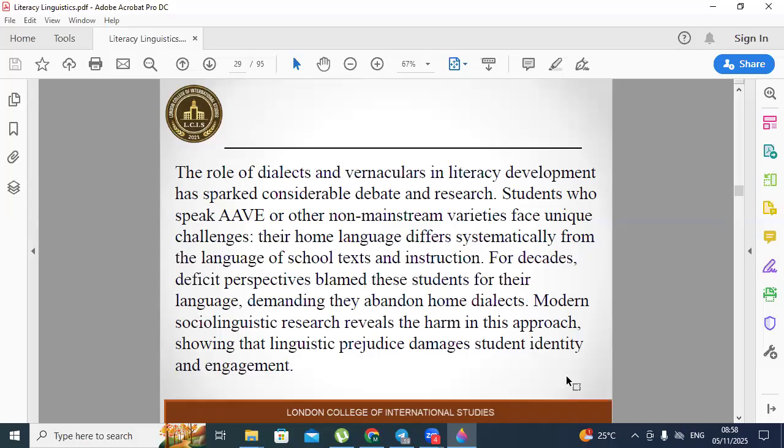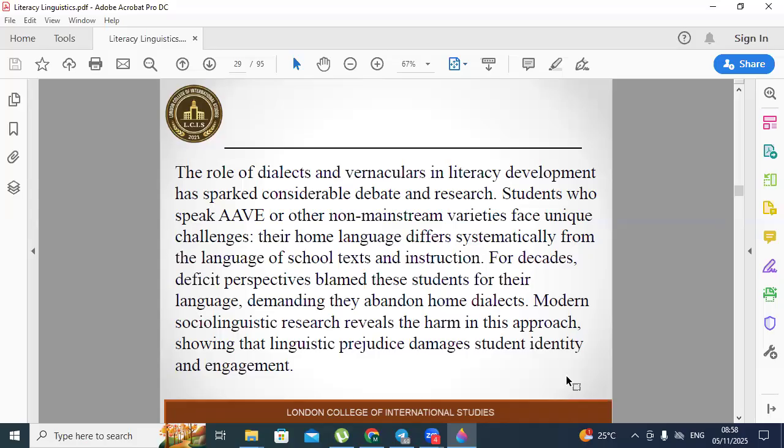For decades, deficit perspectives blamed these students for their language, demanding they abandon home dialects. Students were corrected constantly, told their language was wrong, inferior, broken. Teachers viewed dialect features in students' speech and writing as errors to be eliminated.